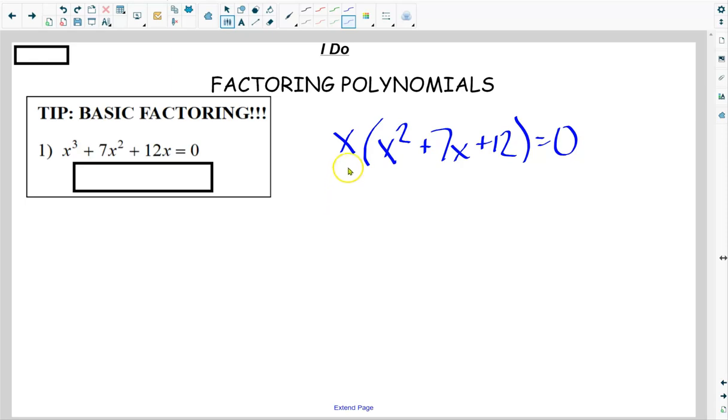Now the stuff on the inside is basic factoring. You guys can do your own methods as long as it's accurate. Here, 2 numbers that multiply to give me 12 and add to give me 7. So that's 3 and 4.